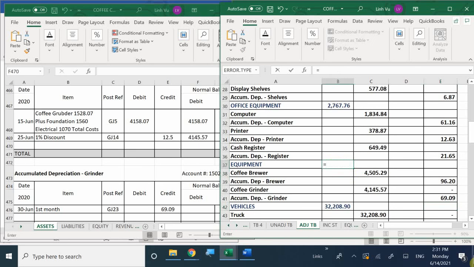For equipment, I'm going to add my coffee brewers, minus out my depreciation, add my coffee grinders, and subtract out the depreciation there. 84.85.57. 84.85.57 was correct.